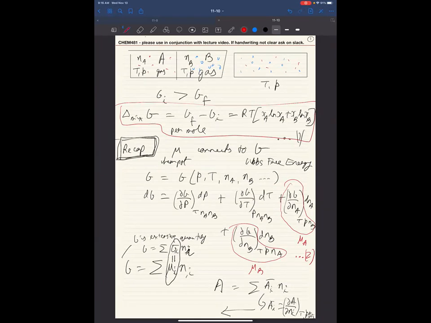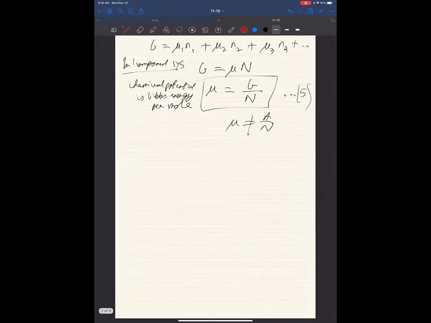So it is indeed a negative quantity, but let's try to prove this. We are going to prove that delta mixing G, which is G final minus G initial per mole, is equal to RT times (XA ln XA plus XB ln XB). How to do this?